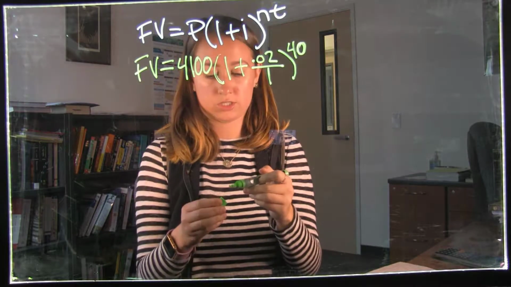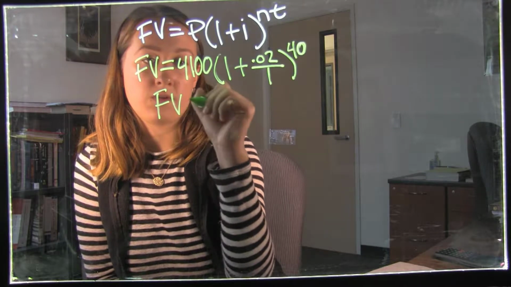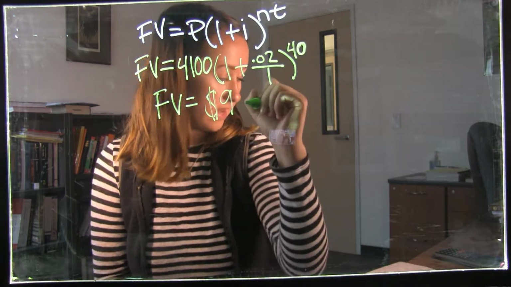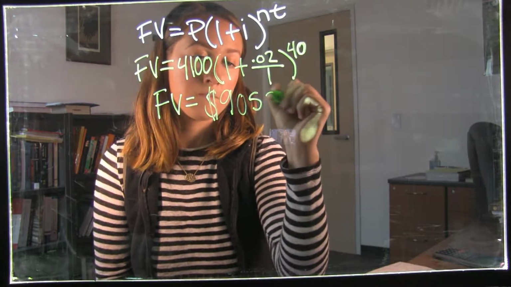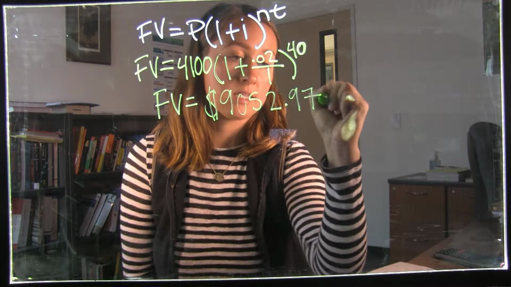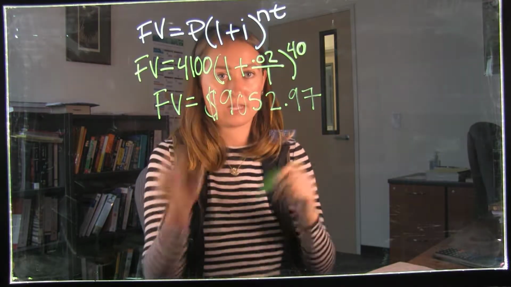And since it's annual, it's just that. So that is our future value, then, $9,052.96, but we're going to round up to 97 cents because we want to make sure that we have enough for our future value when the time comes for that.